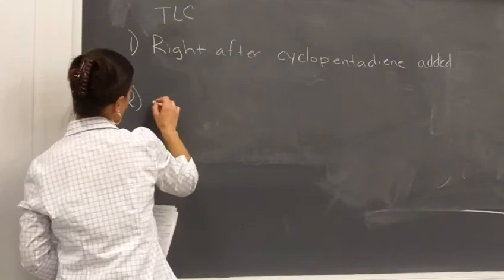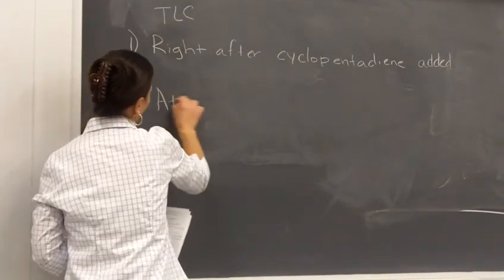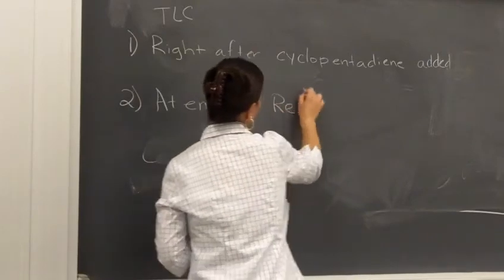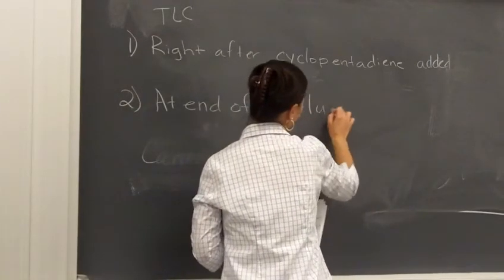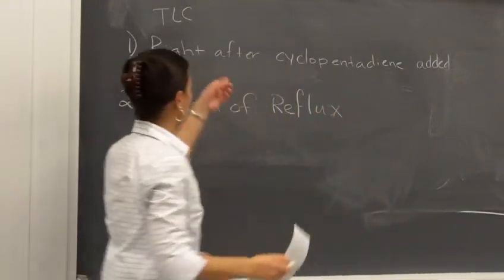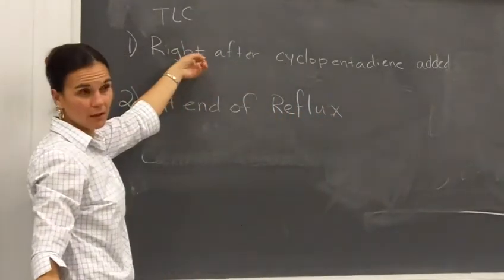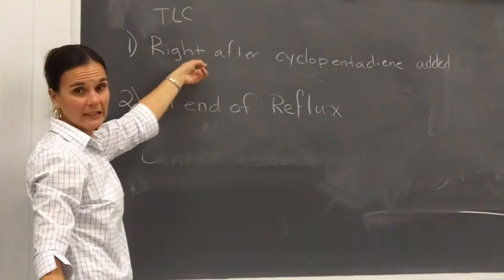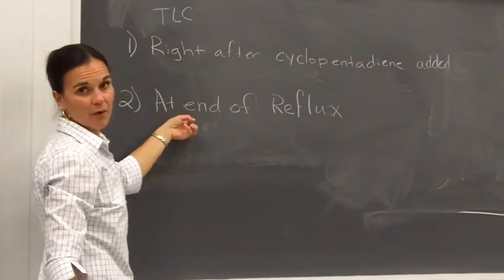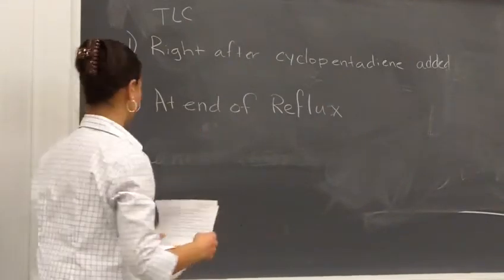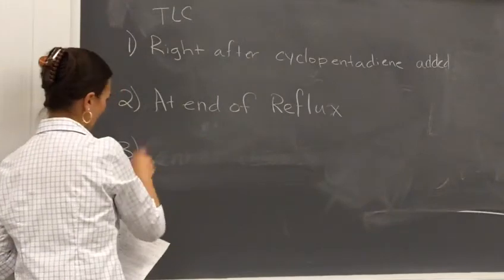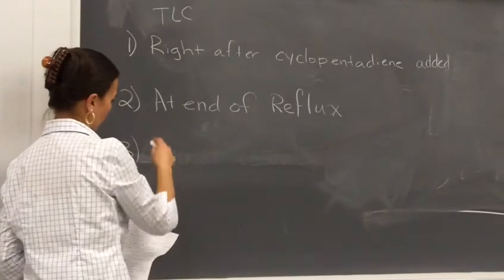You also should spot at the end of reflux. So that should be the end of the reaction time. So hopefully, at this point, you maybe have a mixture of starting material and product in your reactant lane. Here, you should hopefully only see product at the end, okay? Now, this part is kind of up to your lab prof what they want you to do.